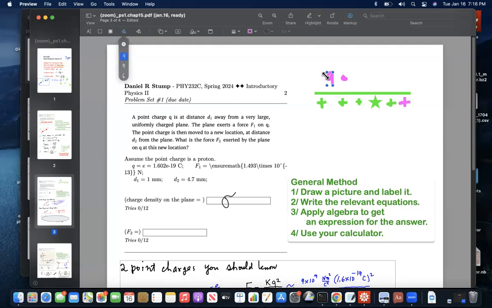Well, positive charges repel each other. So all of these positive charges down here are going to repel Q. And so there'll be a net force on Q in that direction. So that's the force.